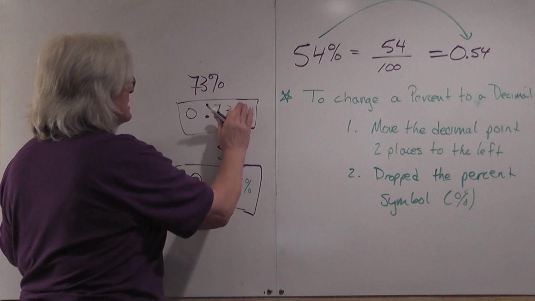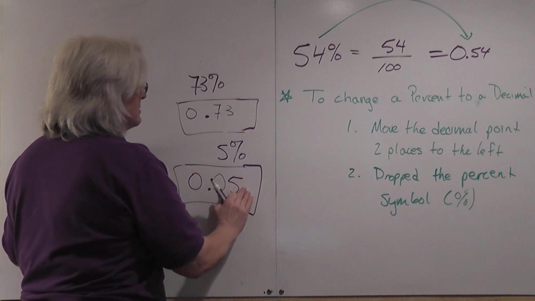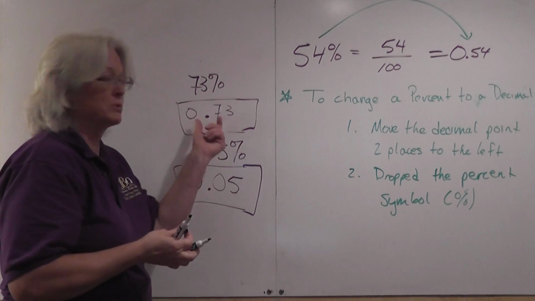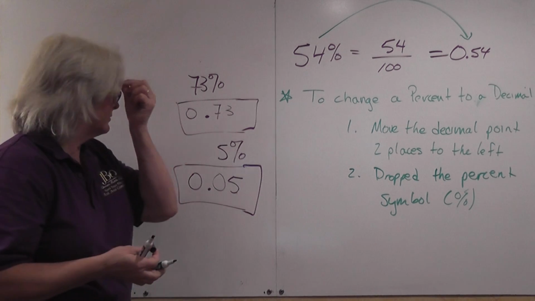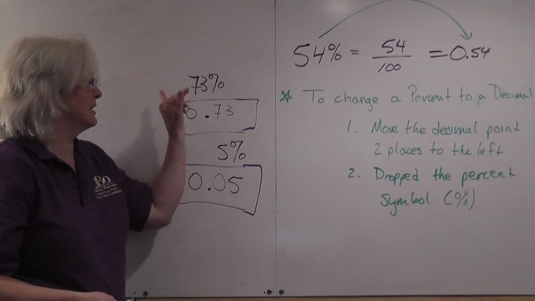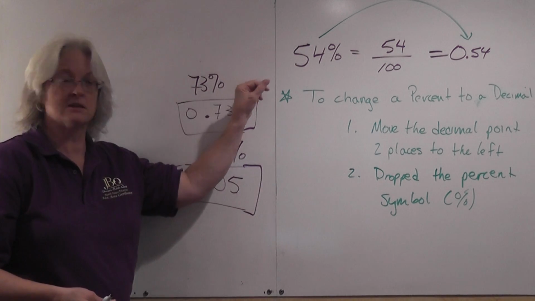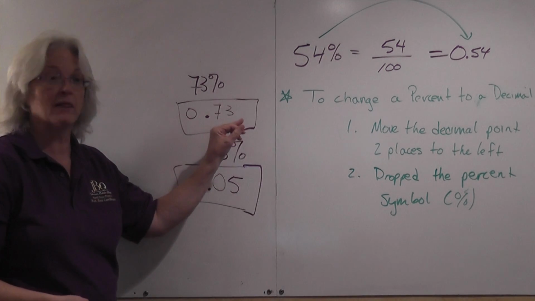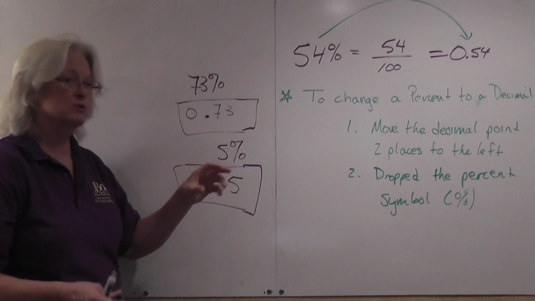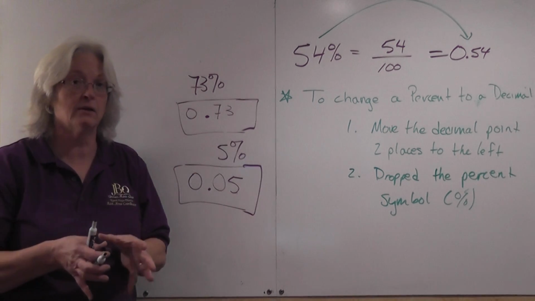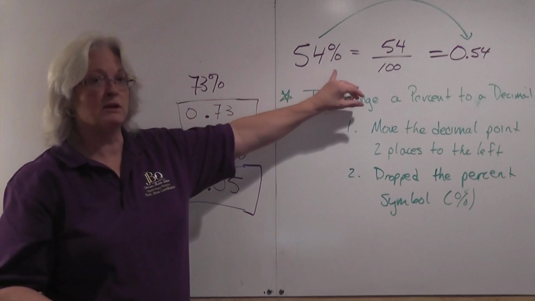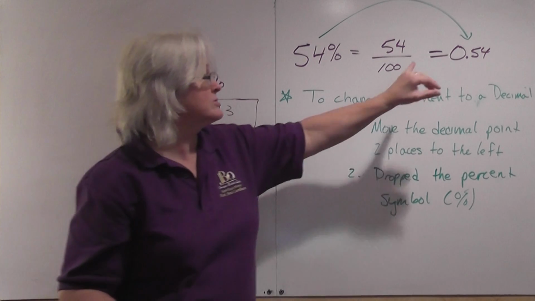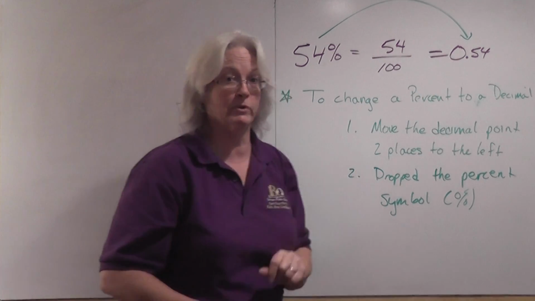A decimal percent typically doesn't go together in pre-algebra, algebra 1. Though you can have a decimal percentage, it's a very, very tiny amount. They're just trying to get you to understand that 73 with the percent symbol can be written as a decimal number, 73 hundredths, 5 hundredths. They're trying to make sure that you understand that a percentage can be expressed as a fraction over 100, and can also be expressed as a decimal number.